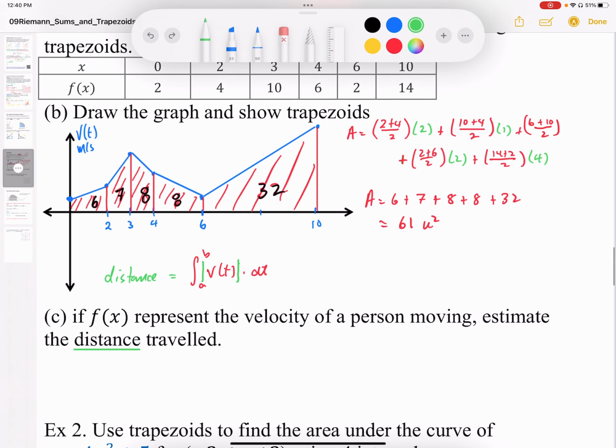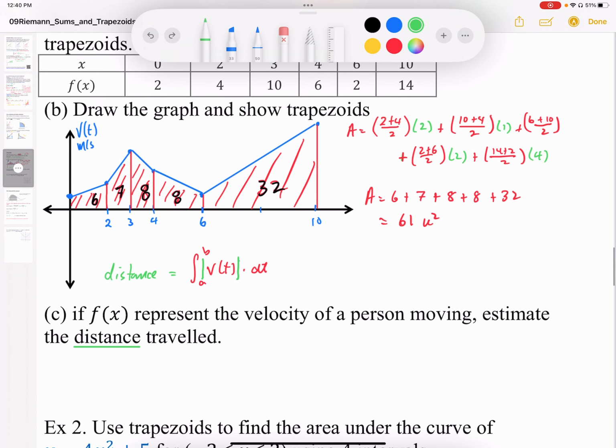So in terms of the distance traveled, we're going to say that the distance traveled is 61 meters, because the y-axis, the height, is in meters per second. We're multiplying that by width of seconds. And so meters per second times seconds gives us meters as our unit. So we've traveled a distance of 61 meters.